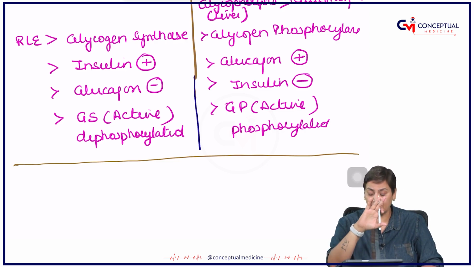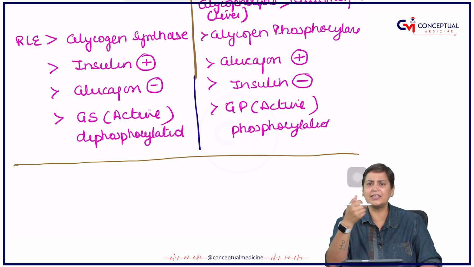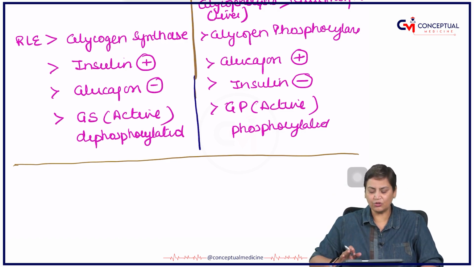But overall, in a normal individual, glucose 6-phosphatase is absent in the muscle, and that is why Cori cycle has a very important role to play in the muscle. So this is all for glycogenesis and glycogenolysis, or overall glycogen metabolism. Thank you so much.